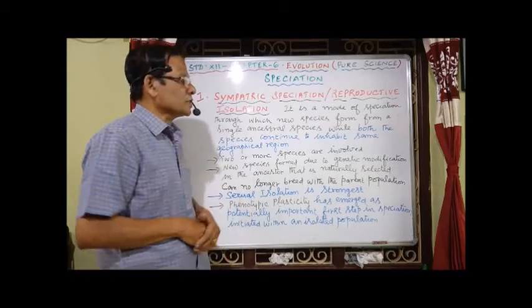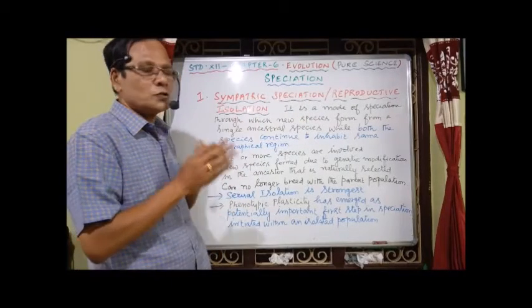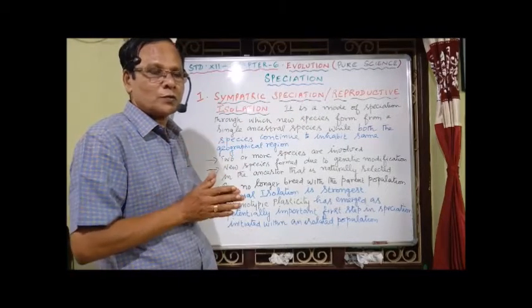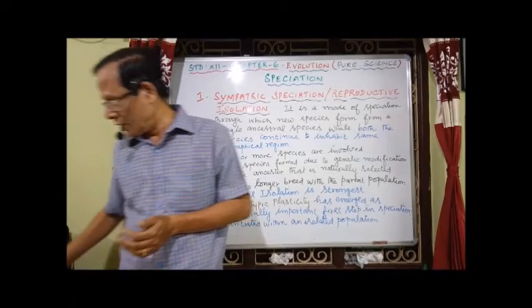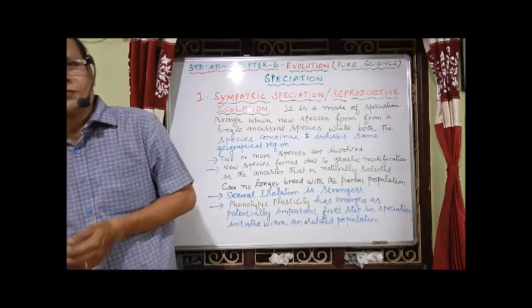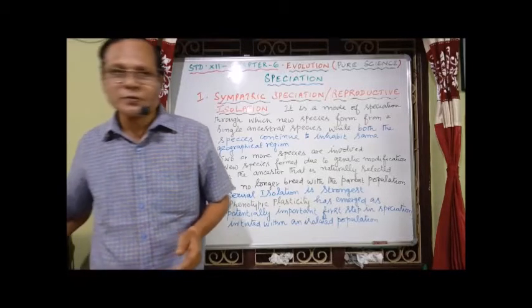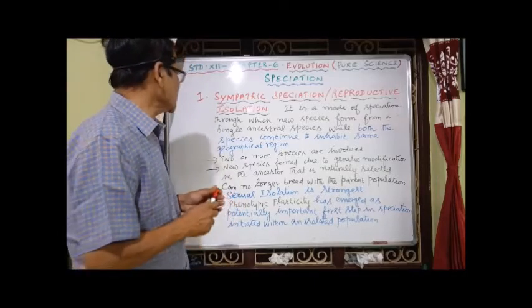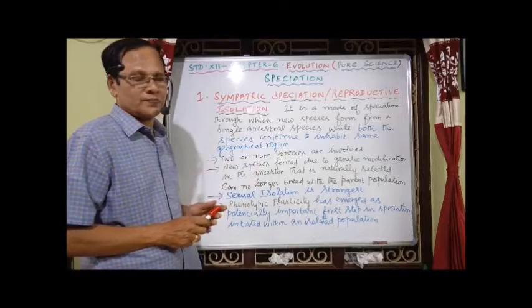Now, here is the definition. It's a mode of speciation through which new species form from a single ancestral species. One species evolves from a single ancestral species. After the formation, both the species continue to inhabit the same geographical region, present in the same habitat.